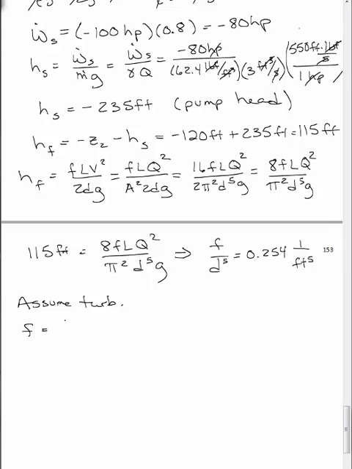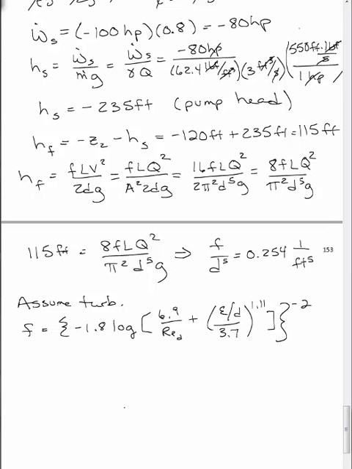So F equals minus 1.8 log, and I can't use Moody this time because I don't have Reynolds number. Log of 6.9 over Reynolds number plus epsilon over D over 3.7 to the 1.11 power, all to the minus 2 power. Now we can plug in for Reynolds number though.